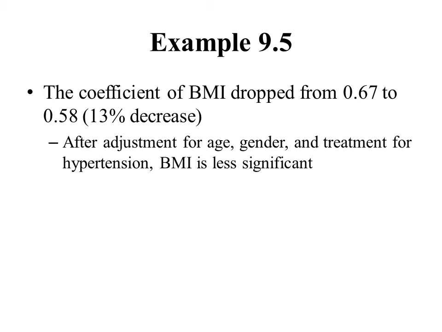And so we would interpret this by saying that after adjustment for age, gender, and treatment for hypertension, body mass index is less significant. This less significant simply means that the value of our coefficient dropped. Okay.